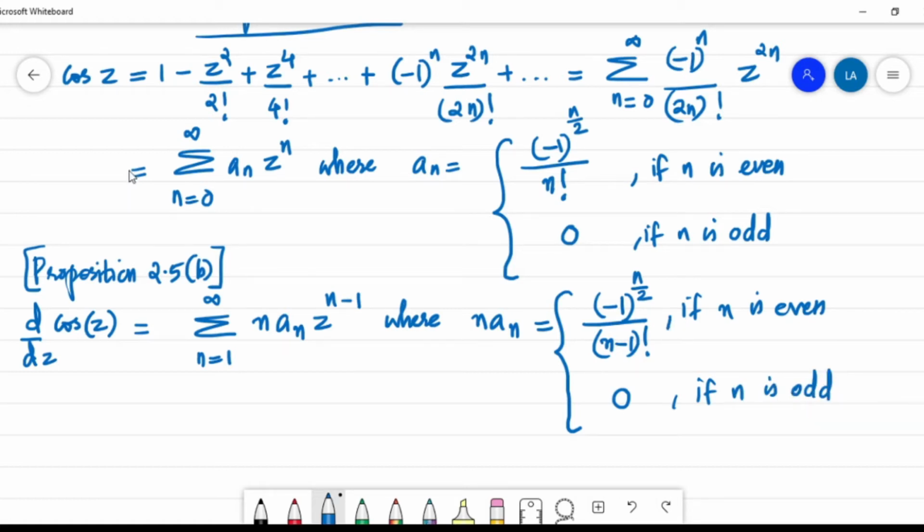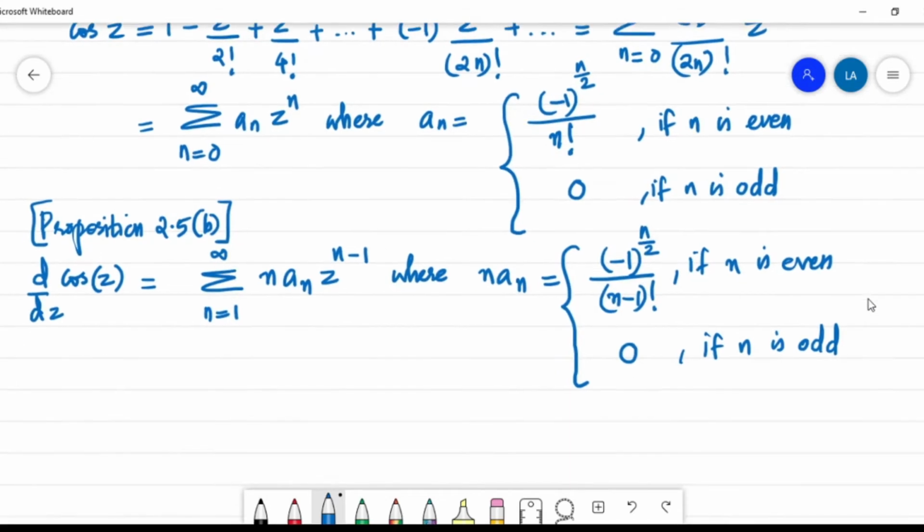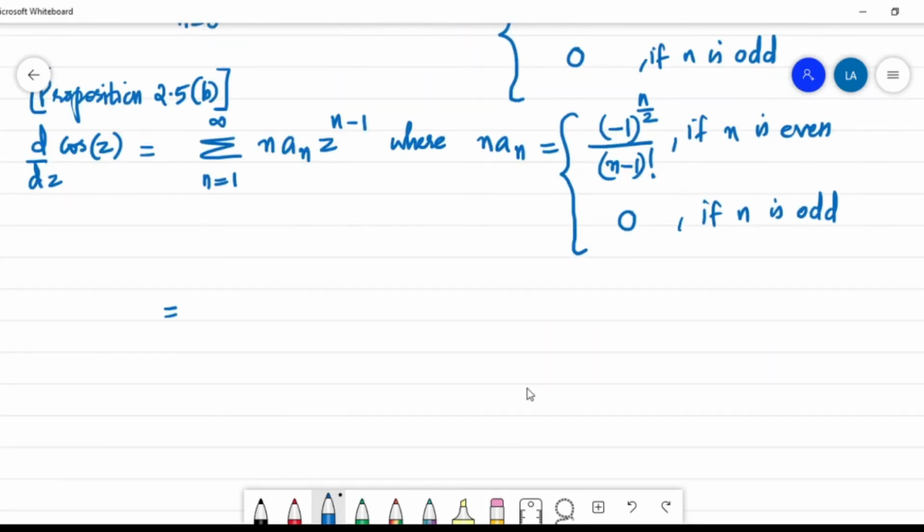Okay. Now, we are going to expand this term. When we expand, we get this to be equal to, when n is 1, 1 into a1, it is already calculated, when n is odd that will be 0. So the first term will be 0 into z raised to 0, plus next is 2 into a2. 2 into a2 will be n is even.